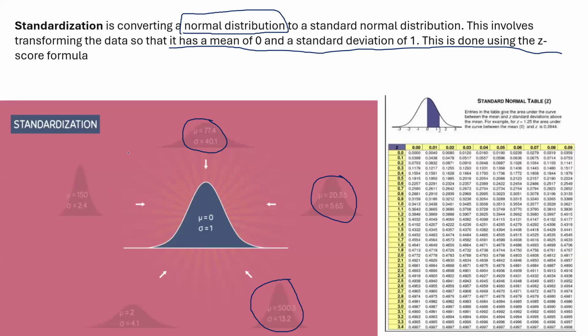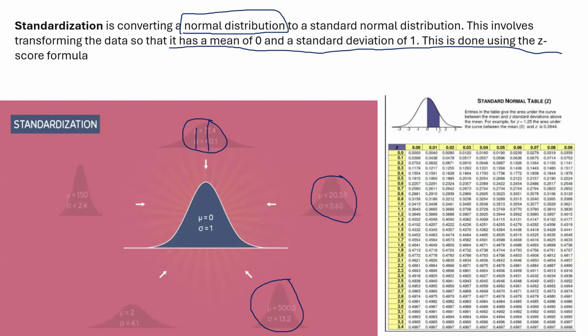That process is called standardization. Once we have the standard normal distribution, you can calculate the area under any part using this z-score table. Once you have calculated the area under the curve, you can also go back and find the area under the original normal distribution using the z-score formulas.